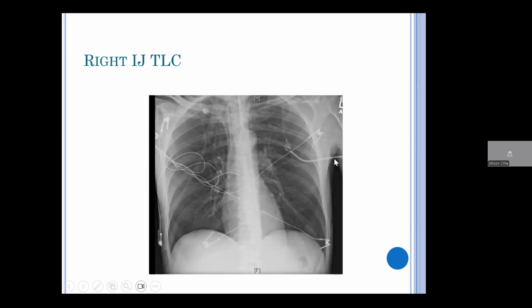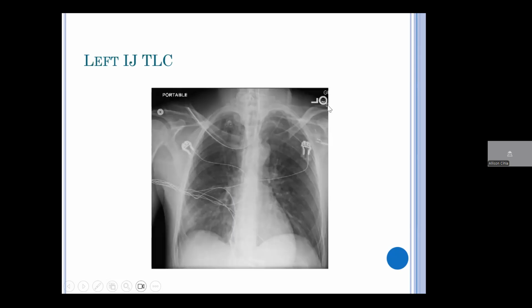You can see this is a wire that's in their ET tube, actually. You can see some of these are external tubes that are coming from their ET tube. But they do have an IJ triple lumen catheter. And that is what this line is right here. That's coming down and terminating here. So they've got an IV in their neck that's being threaded into the chest and terminating right here.